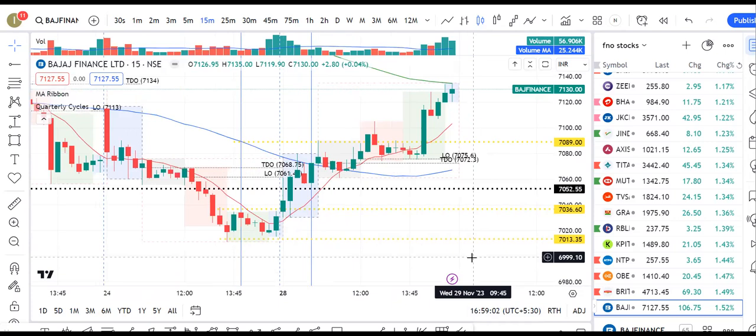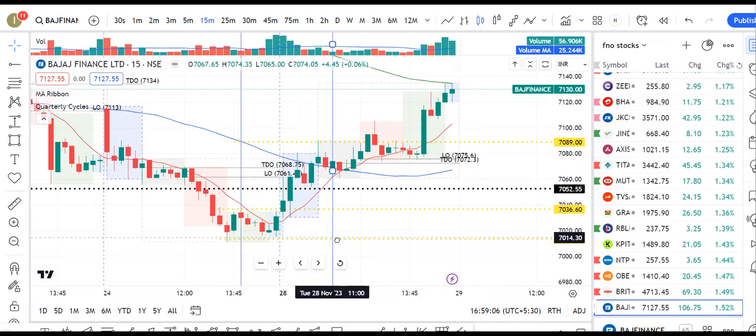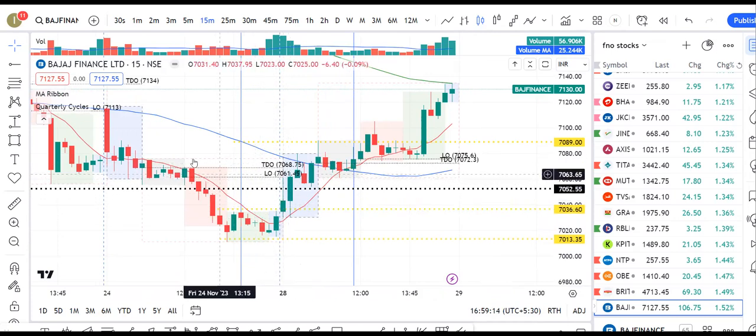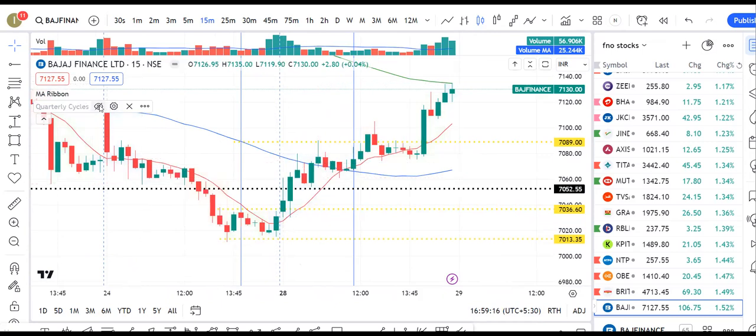So you have to wait for the low, which should not be violated. Here in this market, after the market shift, you can see, let me disable this. See, this was the first candle, break above, and this was the low. So when there is a market shift and a retest of the level and it holds that level, you can go long.